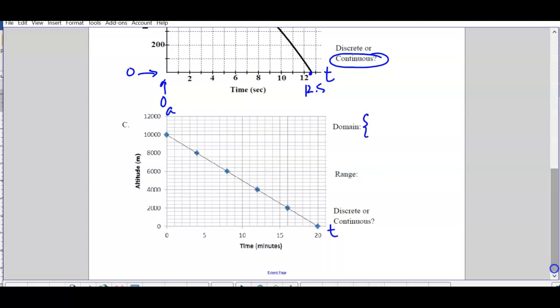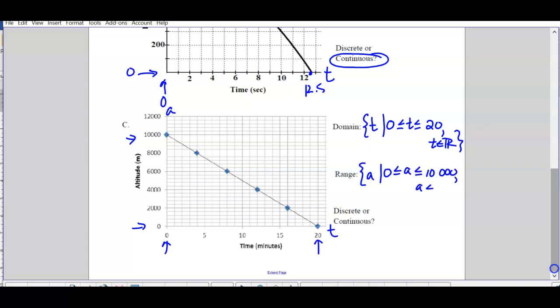So domain, all values of t, and you have to look. So no arrows on the end, so 0 to 20. And that's t, where t is an element of the set of reals. Range is a, and that is from 0 to 10,000, where a is an element of the reals. Okay, it's joined up, so that's continuous.